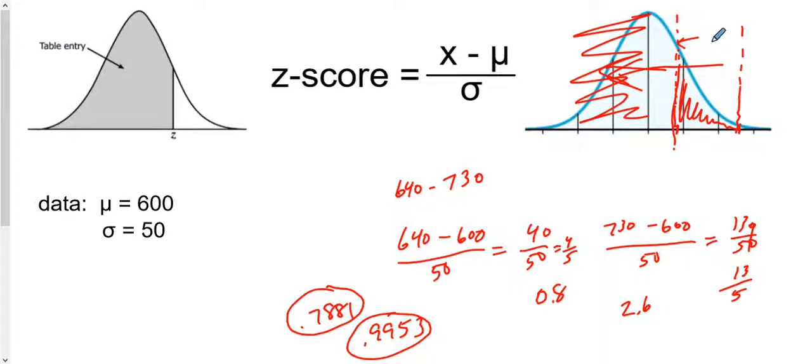From here over to here is 20.72% of the data.